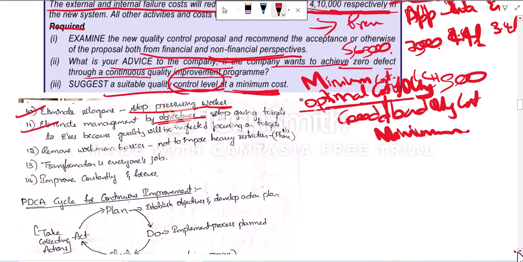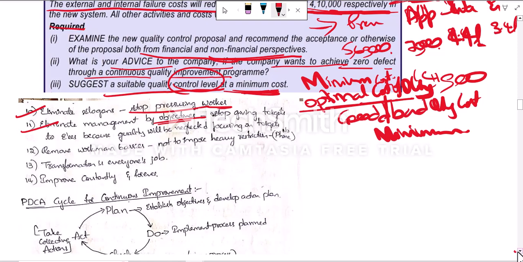Eliminate management by objectives, meaning we should not judge them based on their targets, but on the results. See, if we ourselves are looking at the targets, what will they do? They will obviously try to reach the targets, and while reaching the targets they will neglect the quality. Okay, if we ask them to see a complete video in 1 hour, it is a 1 hour video, they will complete it in 1 hour, but they could not understand that. No, they need to understand that, they need to write that. Okay, it is just a waste of 1 hour listening to the video without understanding that.